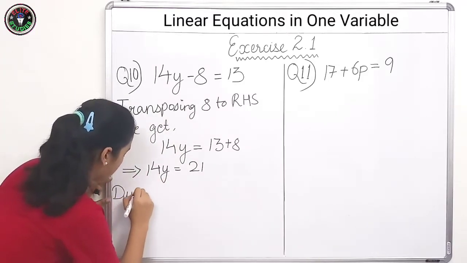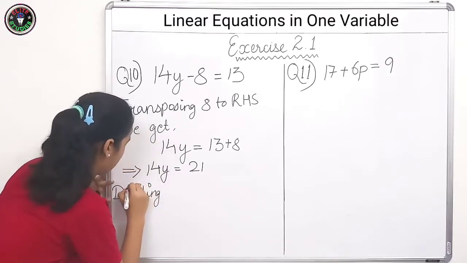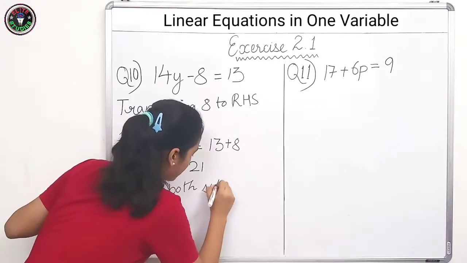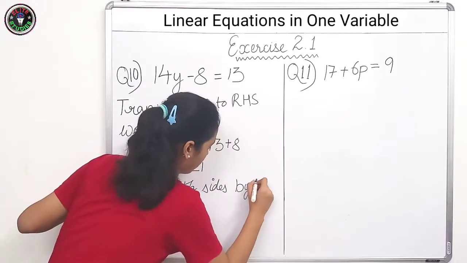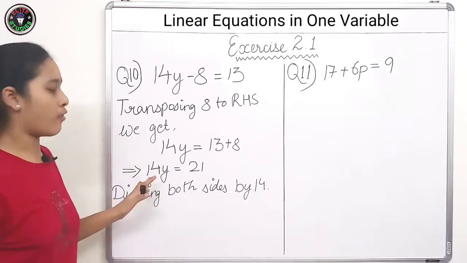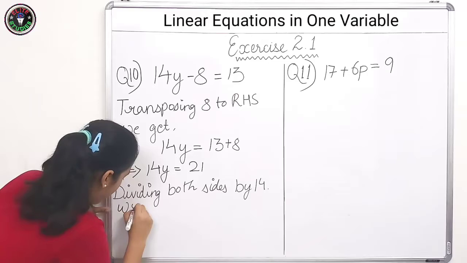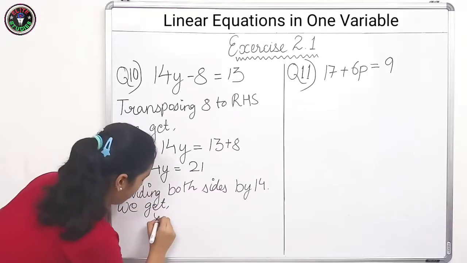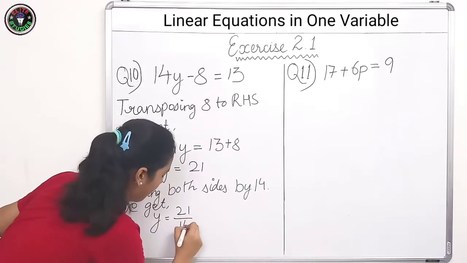Dividing both sides by 14. We will now divide both the sides by 14 to get rid of this 14. We get y is equal to 21 by 14.